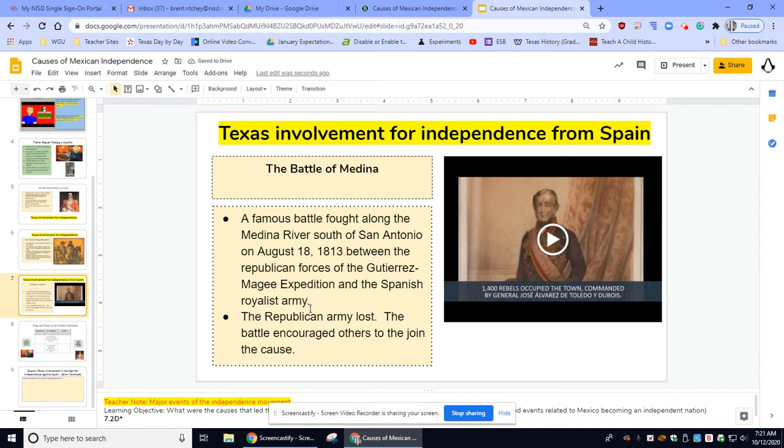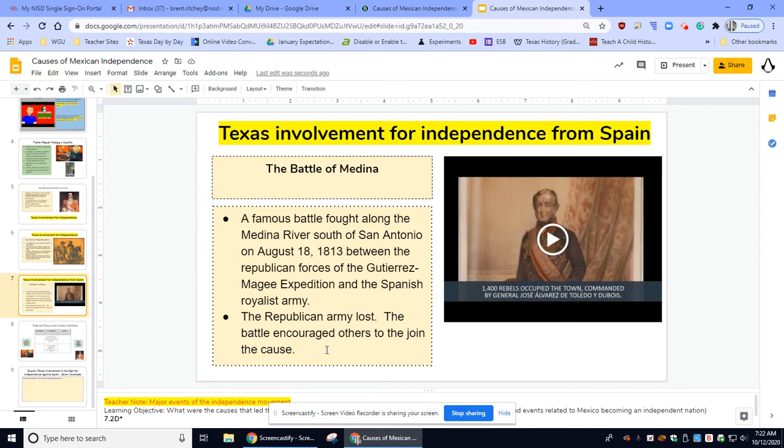This is a war. The Battle of Medina. Again, watch the video. There's a video here about the Battle of Medina. This is a famous battle fought along the Medina River south of San Antonio on August 18, 1813, between the Republican forces of the Gutierrez-McGee expedition and the Spanish Royalist Army. The Republican Army lost.